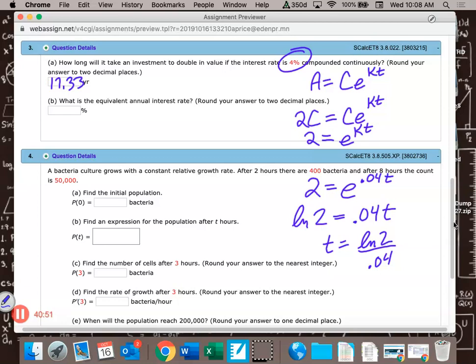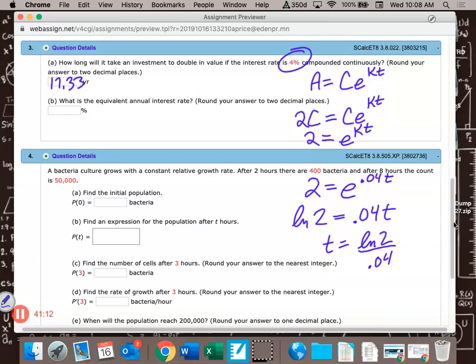Okay, this next part, the equivalent annual interest rate, what that really means is if it wasn't compounded continuously, say instead it was just compounded with simple annual interest. Once a year, at the end of the year, they put the interest into your account, right?